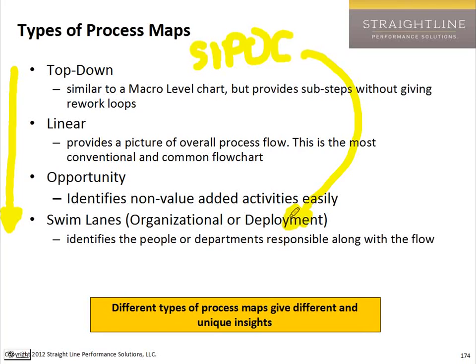They go right to a swim lane diagram. I think sometimes this can get us in trouble because the breakdown may or may not be helpful, and swim lane flowcharts can get very complex, very fast. So I would recommend starting with a top-down and then maybe working your way down into this, depending on how quickly you want to go, how valuable the linear one might be, and so forth.